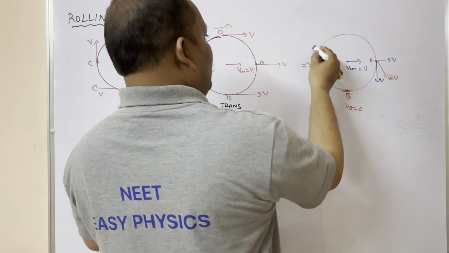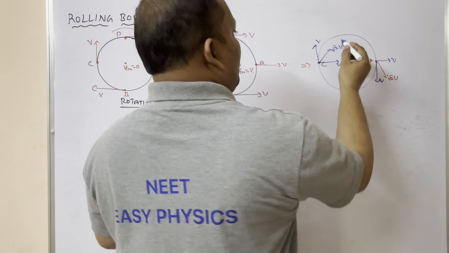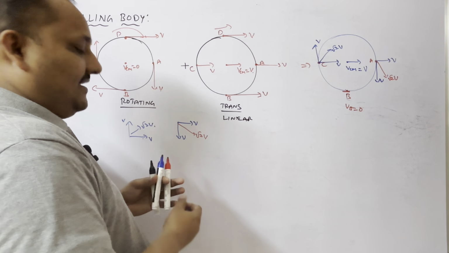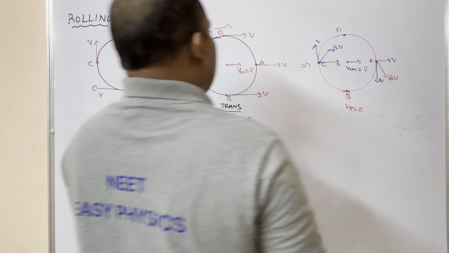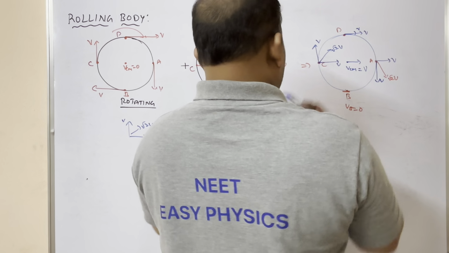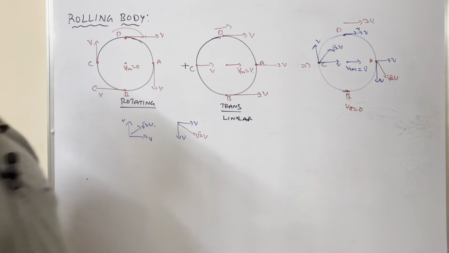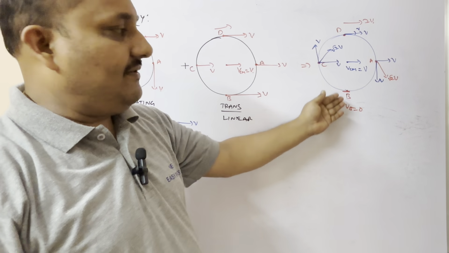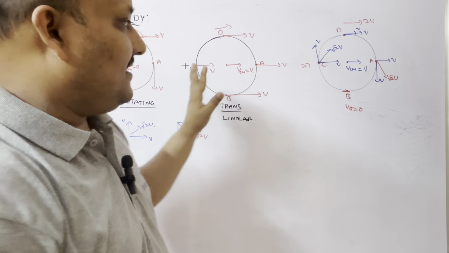So this is V, this is V, finally you got root 2 V. Here and here you got the same velocity at A and C. Next, velocity at D. See here, both are in the same direction. So V, V. So the final answer is going to be 2V. So at the top position, velocity is more. At the bottom point, velocity is going to become 0. At horizontal position, it is having the same velocity.